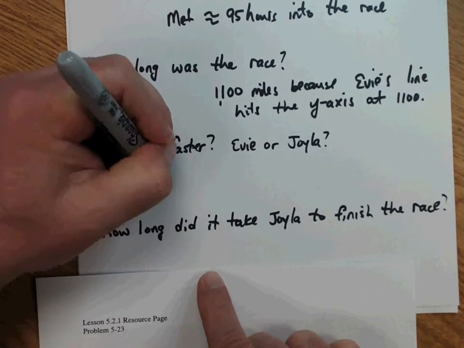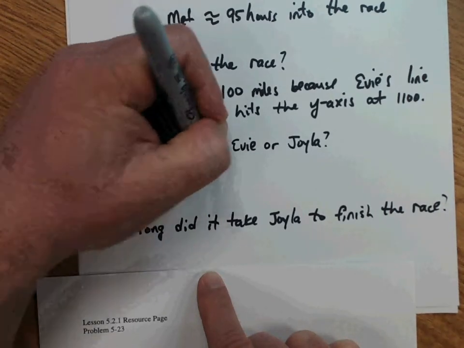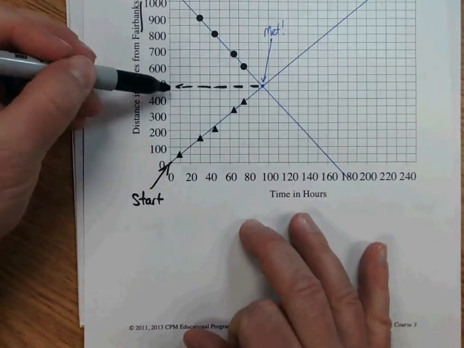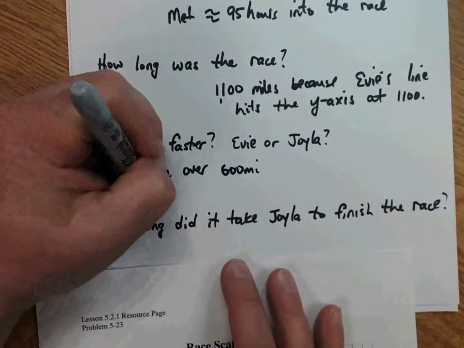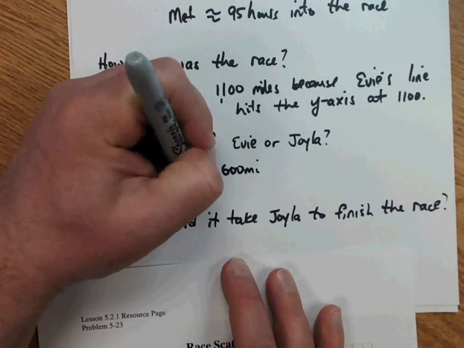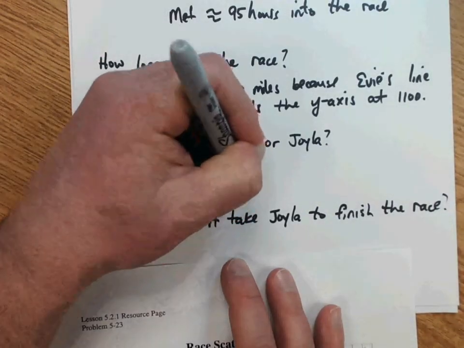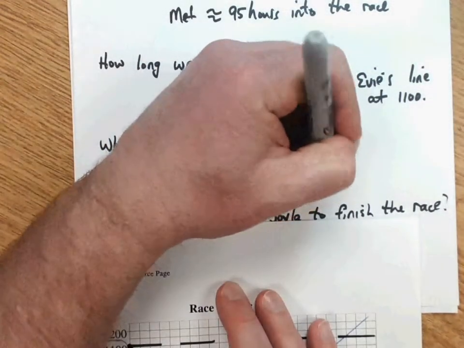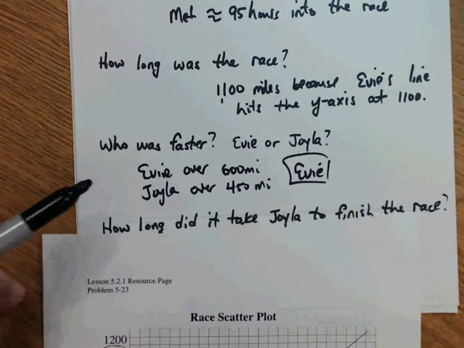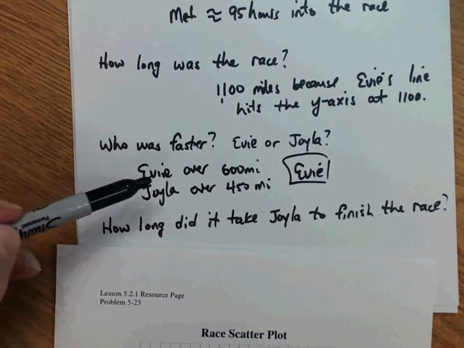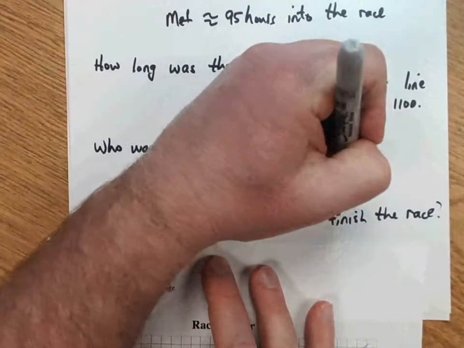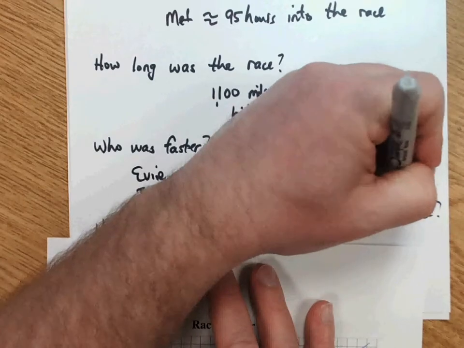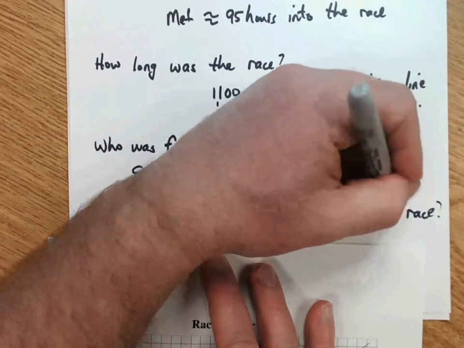So Evie over 600 miles, and Joyla around over 450 miles. So as a result, Evie is faster because in the same amount of time, Evie traveled farther.